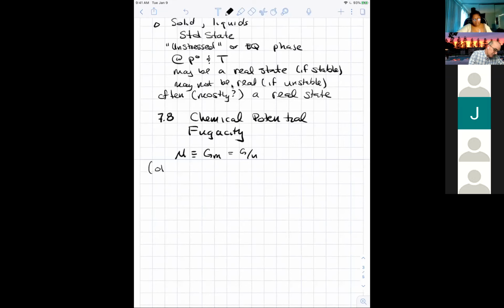Other definitions, just so we know, are things like dG by dN at P and T equals mu, right? So this particular partial definition that I chose looks like molar volume, right?